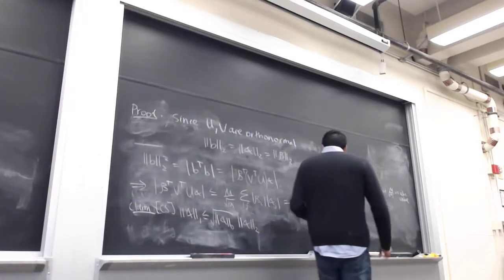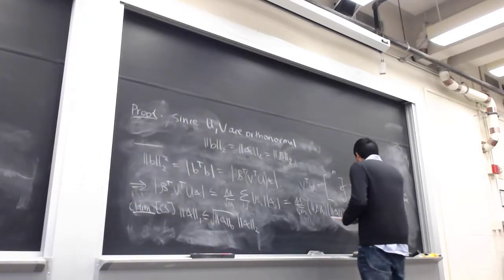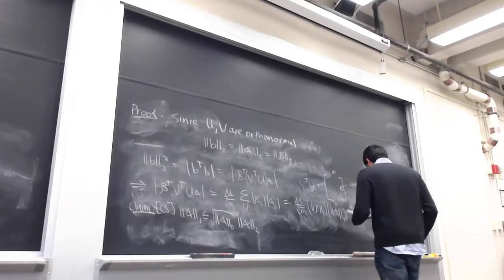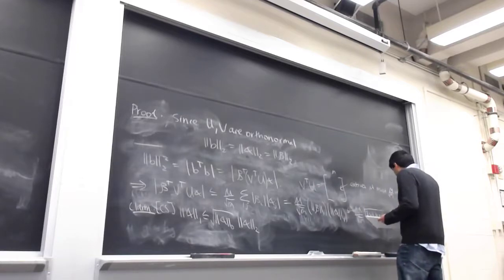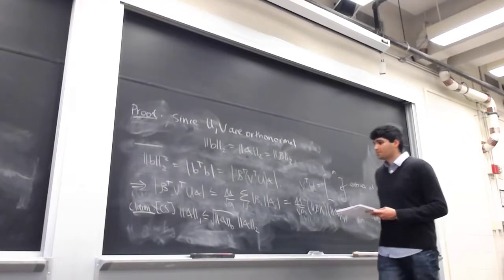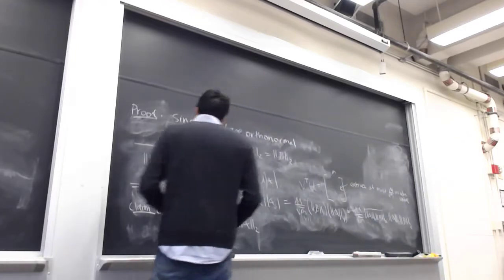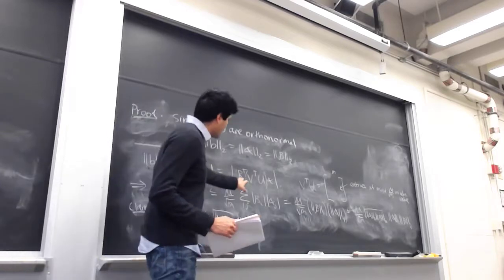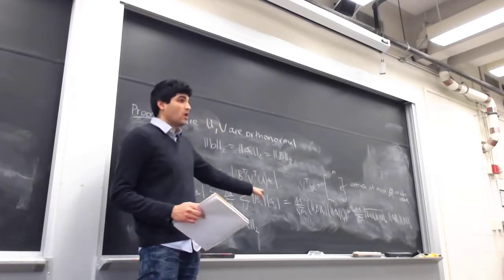But what this now immediately implies is that we have mu over root m times the square root of the number of non-zeros times the corresponding two norms. So remember that what we had was a chain of first equalities and then inequalities.